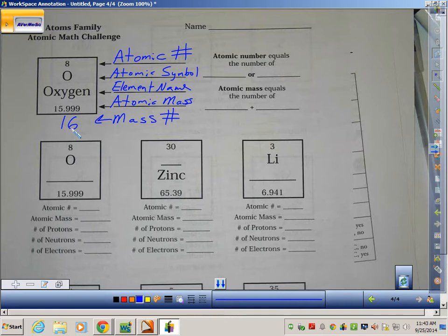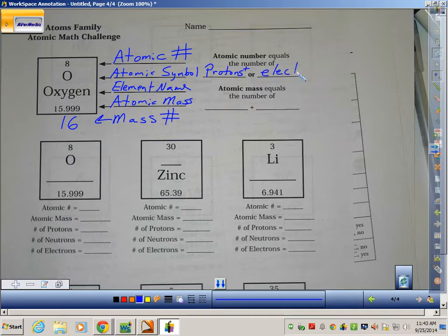So let's go here. The atomic number always equals the number of what? We talked about this already. Protons, I heard it. Protons, right? And those are positive. So if I know how many positive particles I have, I also know how many negative particles I have, and those are what?